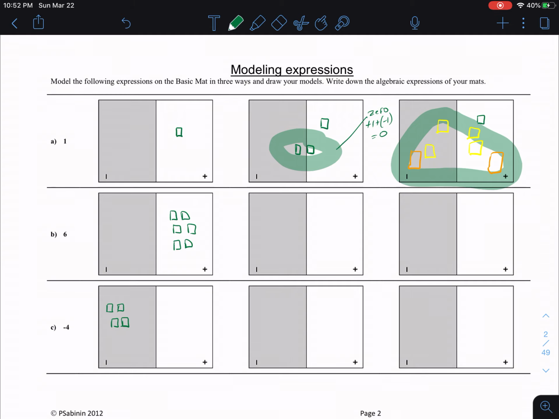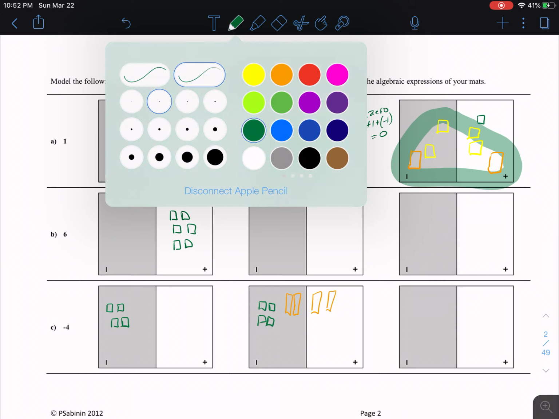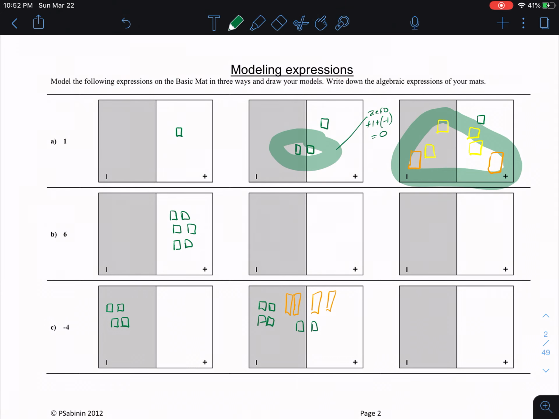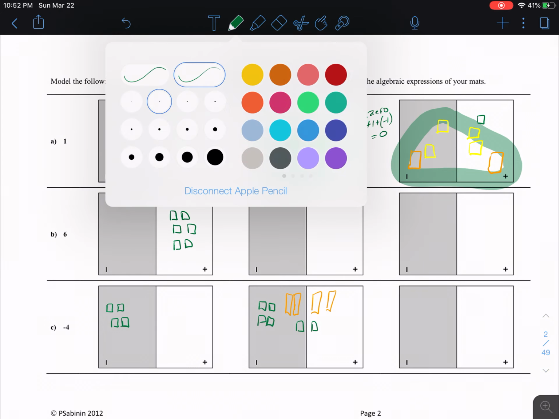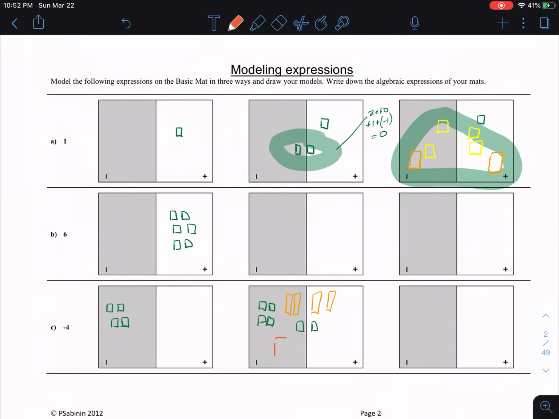And I'll just do one for -4 and I'll leave the rest of them to you to do. So this is my -4. And I would like to create some 0 pairs on either side. And maybe that, and maybe this. Anything you want, as long as everything that you've added has a total value of 0.